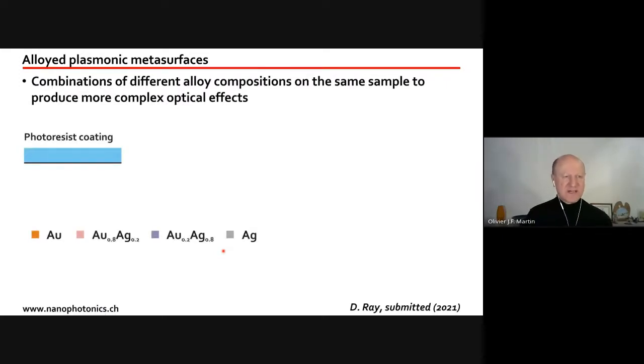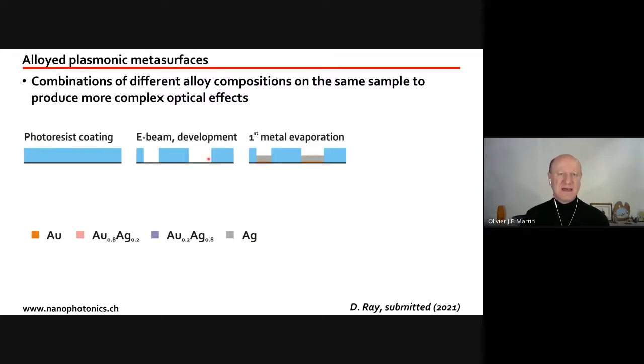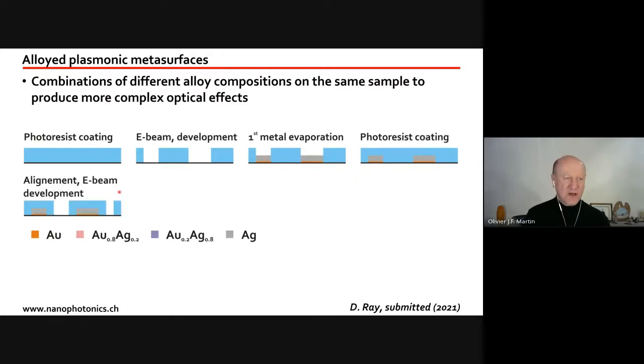From a technology point of view, it's quite demanding, because what you have to do is first start with your substrate, then do some E-beam, then evaporate metals. Say you would evaporate 20 nanometers of gold, 80 nanometers of silver. Then we restart and redo another E-beam to write other structures.